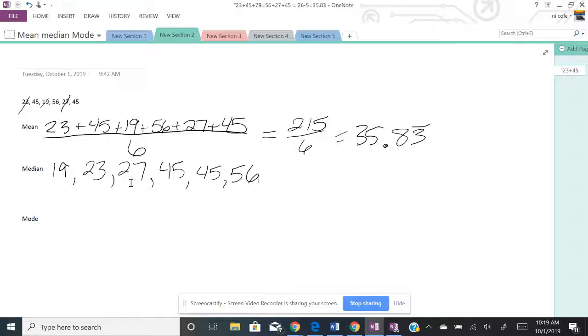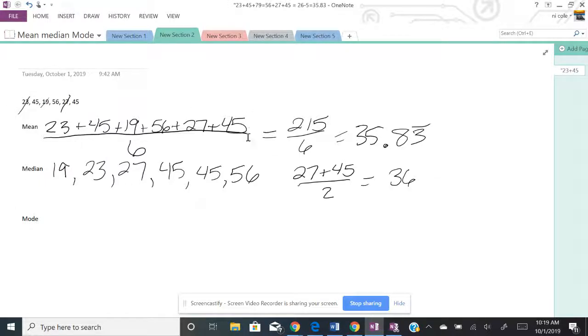Okay, I have 6 numbers. So that means either my middle number is 27 or 45. And actually, it's both of those, but it's an average of those two. So you'll take 27 plus 45 and divide it by 2, which will give you 36 when you do that math.